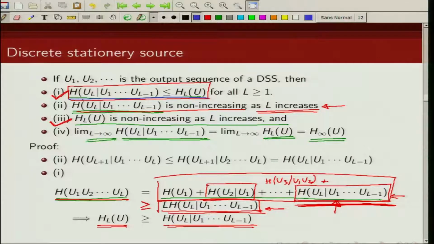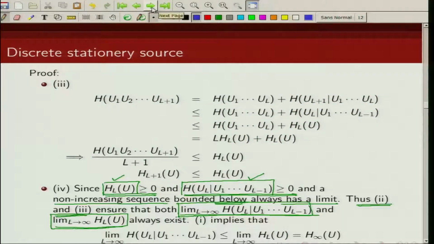Now if you let L go to infinity, we can write that uncertainty in UL given U1, U2, UL minus 1 when L goes to infinity is less than or equal to the limit as L tends to infinity of HL of U, which we denote by H infinity of U, and call the entropy rate.